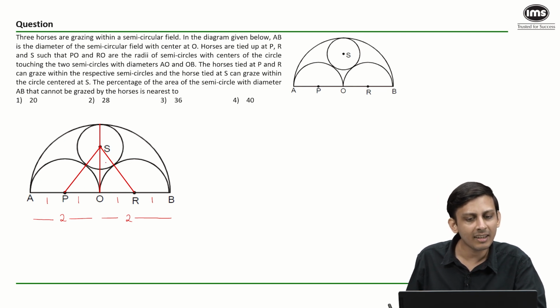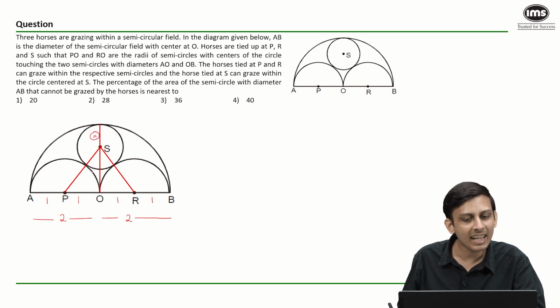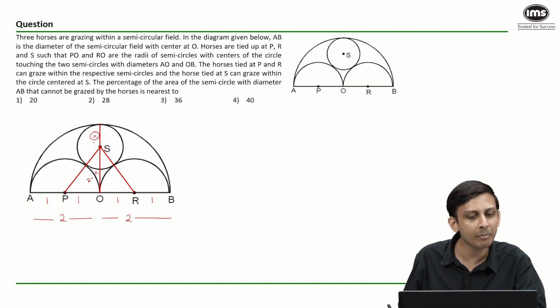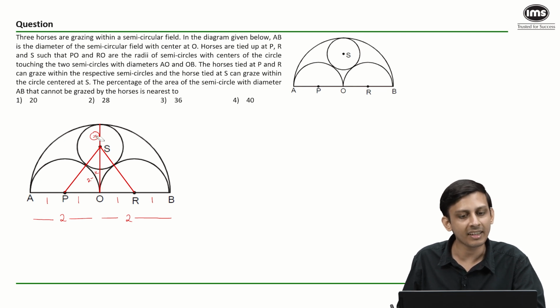If I take the radius of the circle to be x, then from the radius of the larger semicircle, which we have taken to be 2, if we subtract this x, we will be left with 2 minus x.